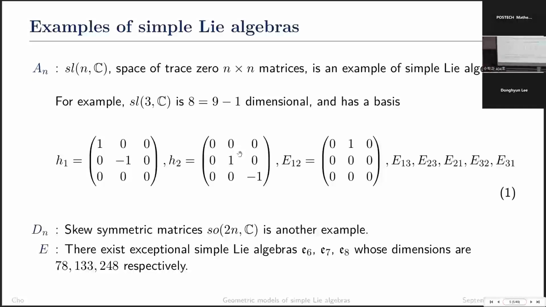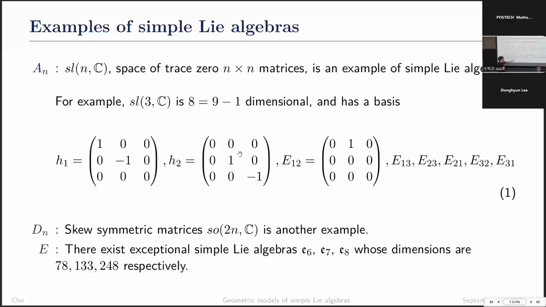And the A_n Lie algebra is given by sl_{n+1}(C), which is the space of trace zero matrices with complex number entries. For example, sl_3(C) is the 3 by 3 matrices whose trace is 0. If it's diagonal, then you can have 1 and minus 1, and the trace is 0. If you have 1 and minus 1 here, it's also trace 0, and if you have nothing on the diagonal, then they all have trace 0, right?